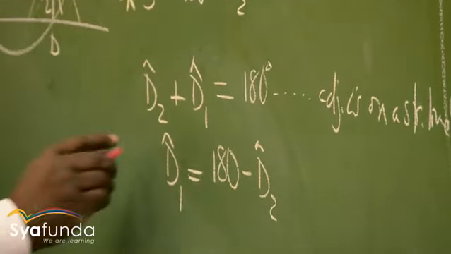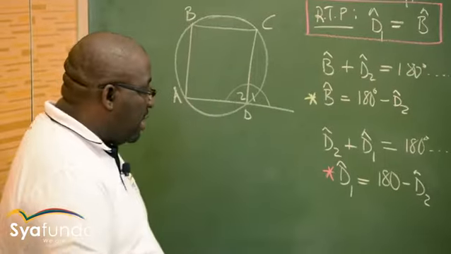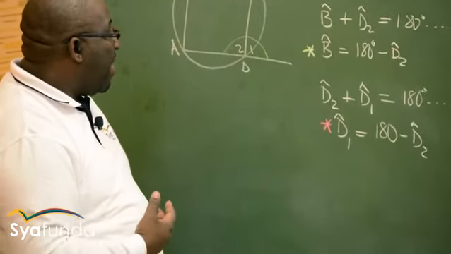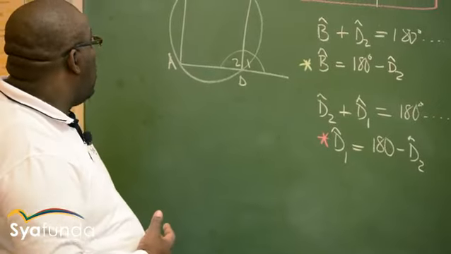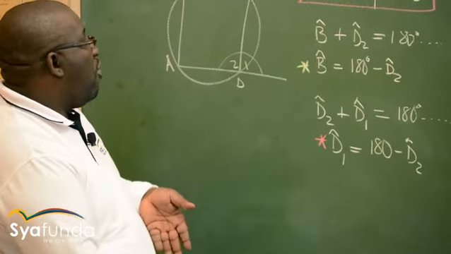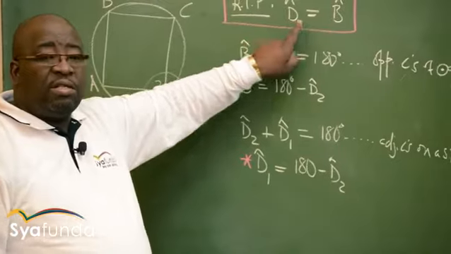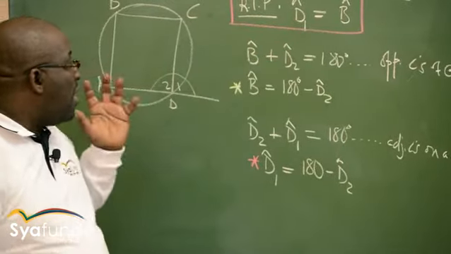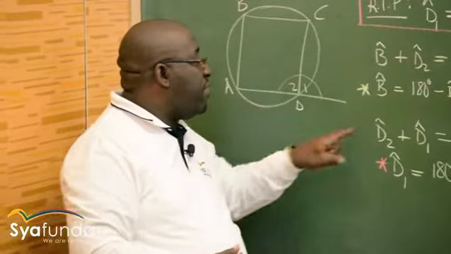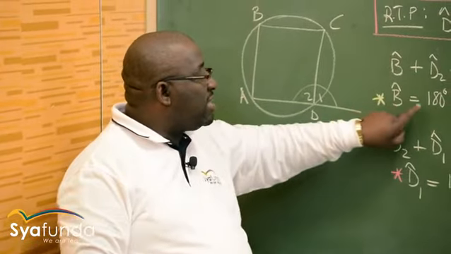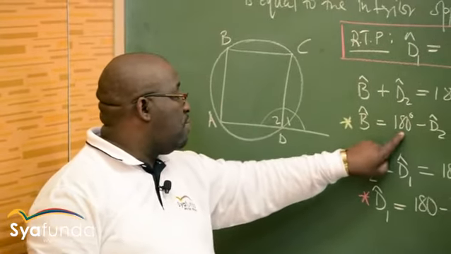This is the second step that we wanted to come to. D1 is equal to 180 minus D2. Remember, what do we want to prove? We want to prove that D1 is equal to angle B. What have we discovered so far? We've discovered that angle B is equal to 180 minus D2.